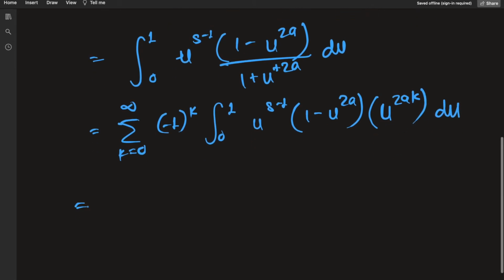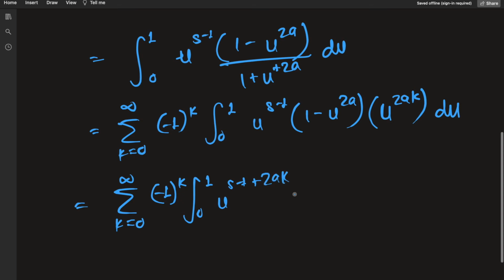So if we split, we have two integrals by linearity: minus 1 to the k, integral from 0 to 1 of u raised to s minus 1 plus 2ak du, plus minus 1 to the k, integral from 0 to 1.